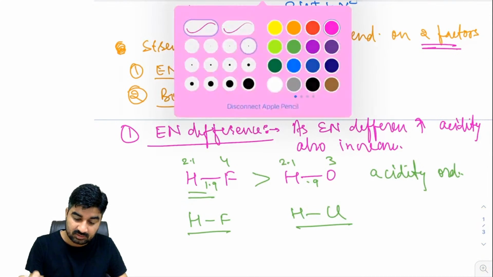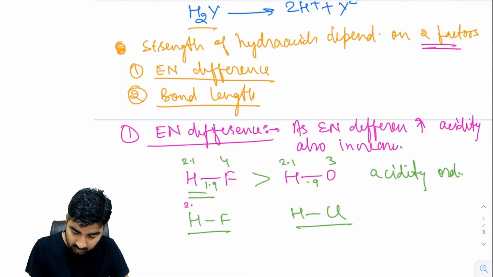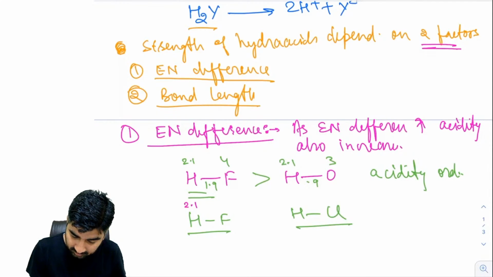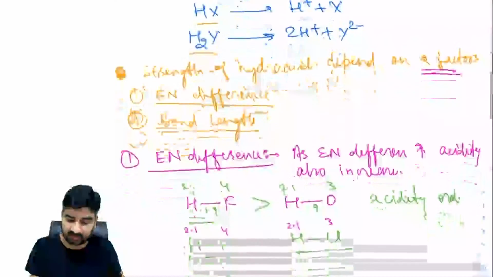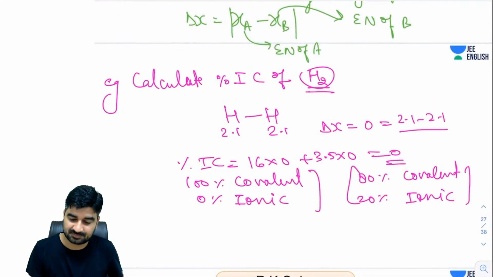So just write down the electronegativity values. It is 2.1 and it is 4. What was the value of chlorine? Please tell me. No answer.